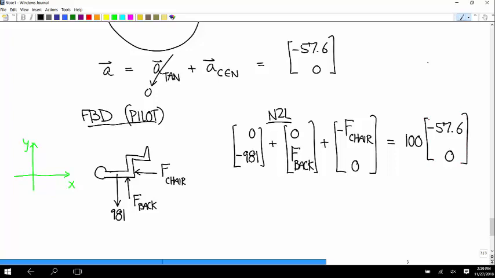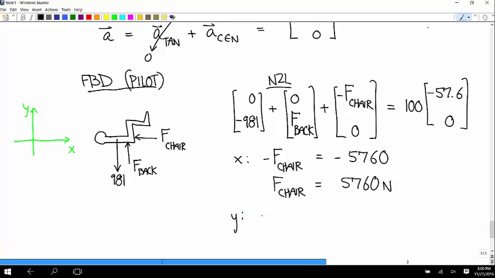And now we can calculate those two variables. The x equation says negative F chair is equal to negative 5,760. So F chair is 5760 newtons.